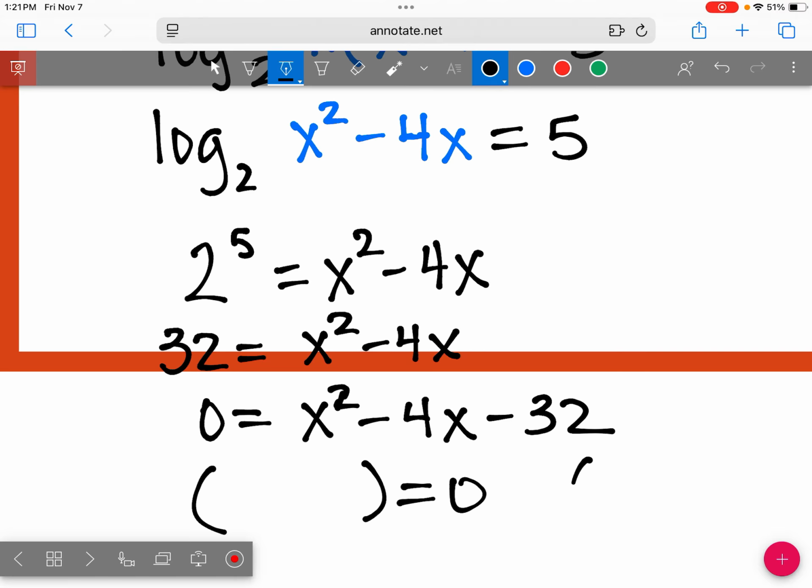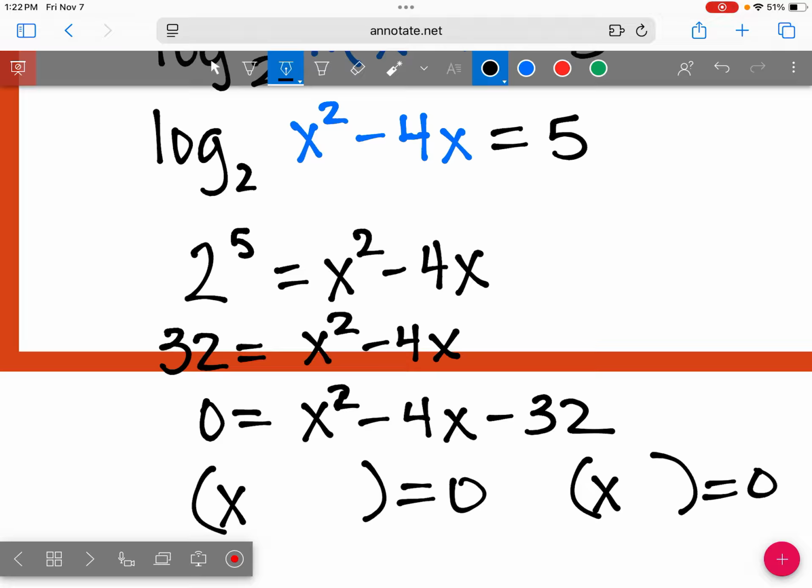So don't say it out loud, but find your 2 numbers that multiply to be negative 32, but add to give you a negative 4. What are my numbers?